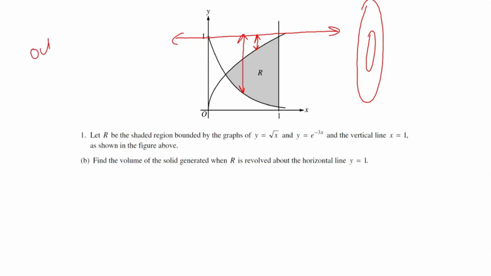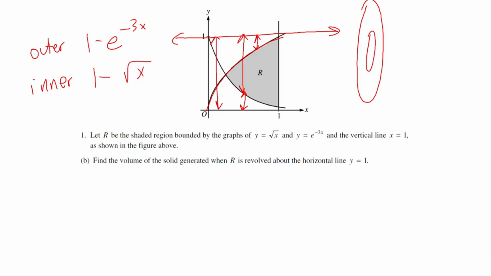So our outer radius is just the entire distance of 1 minus that bottom function. So 1 minus e to the negative 3x. And our inner radius is going to be 1 minus the upper function, right? This function, which is just root x.